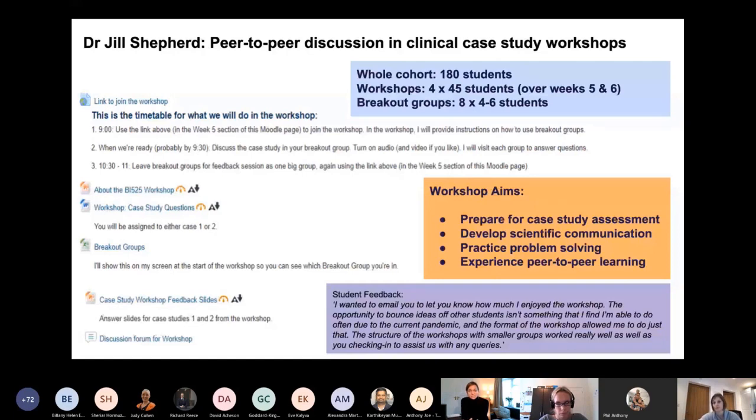What we need them to do is develop their skills in scientific communication, practice their problem solving, and have some experience with peer-to-peer learning. The case study assessment is an individual piece of work, as it needs to be assessed in this case. But the group working allows them to see how other students work through these sorts of problems and to benefit from the skills of their peers.